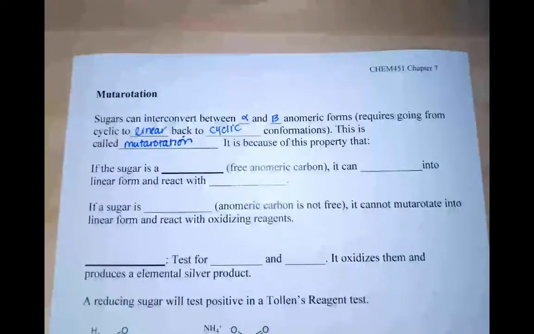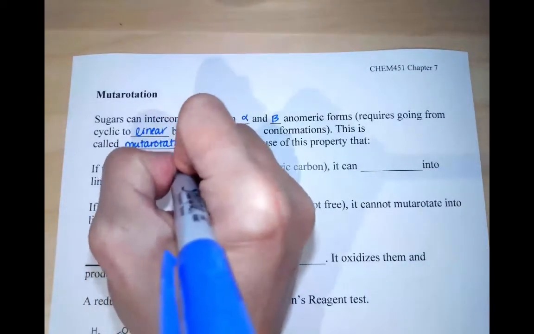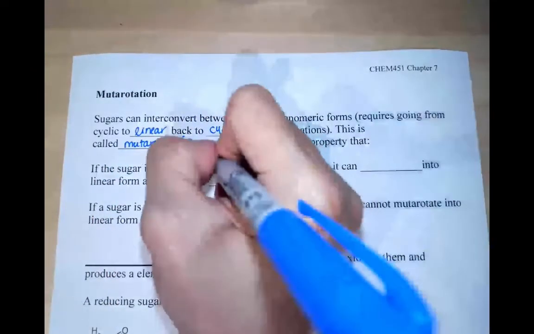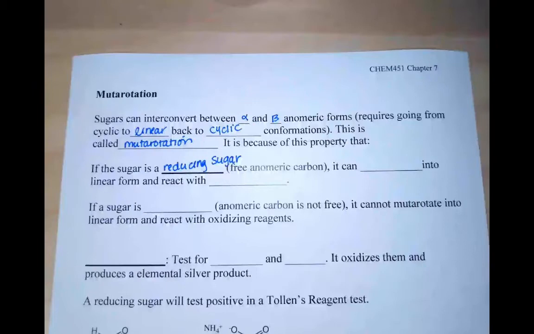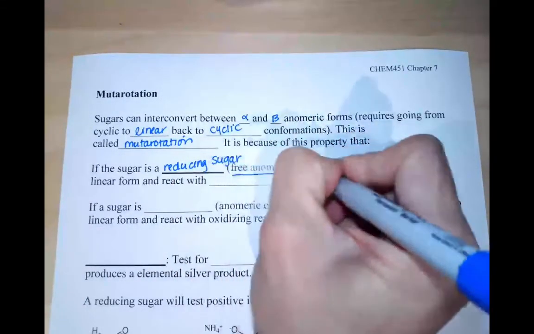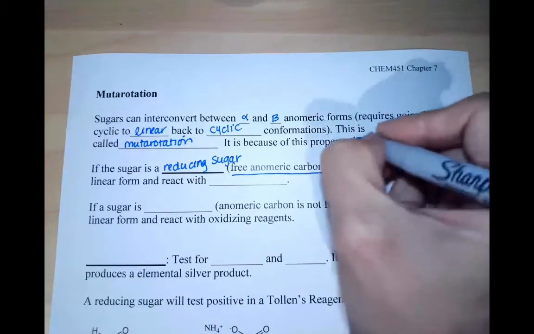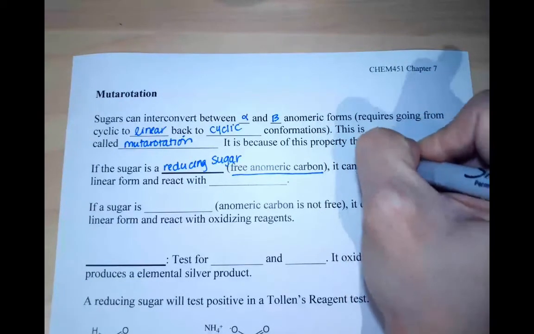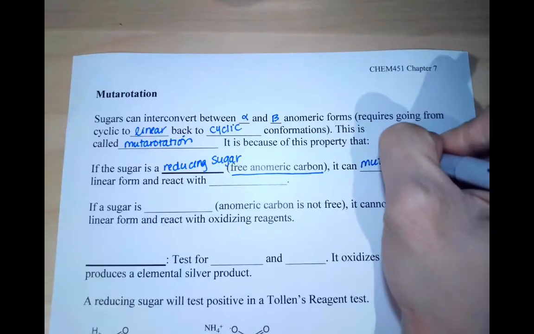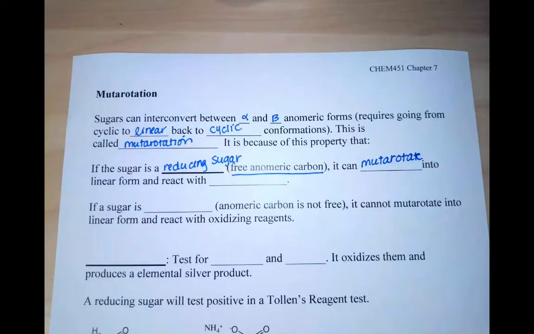And it's because of this property, for it to mutarotate, that is, it can actually linearize, if the sugar is a reducing sugar, meaning that it has a free anomeric carbon, that is, its hydroxyl group is not bound to anything, it can mutarotate. And so it can mutarotate into its linear form and react with an oxidizing agent.